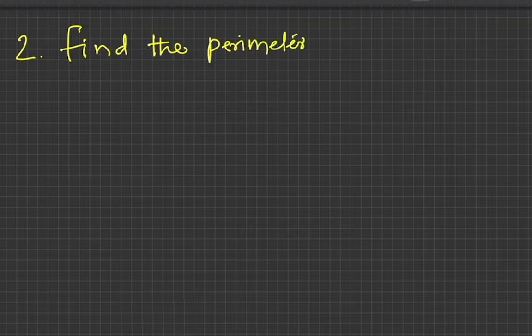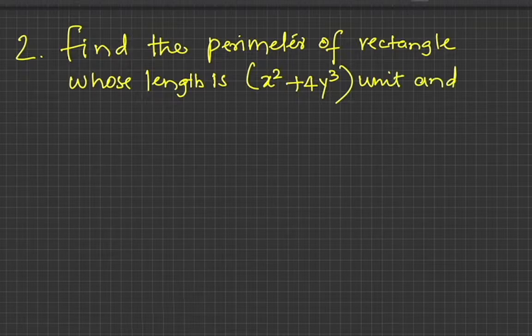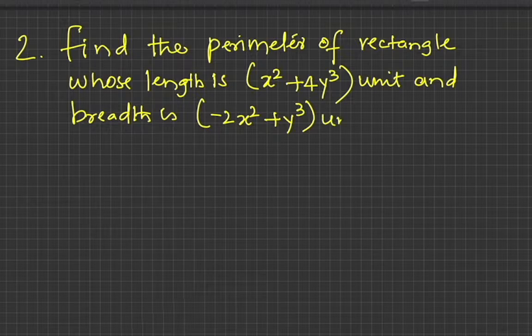Find the perimeter of a rectangle whose length is x squared plus 4y cubed units, and breadth is negative 2x squared plus y cubed units, right?